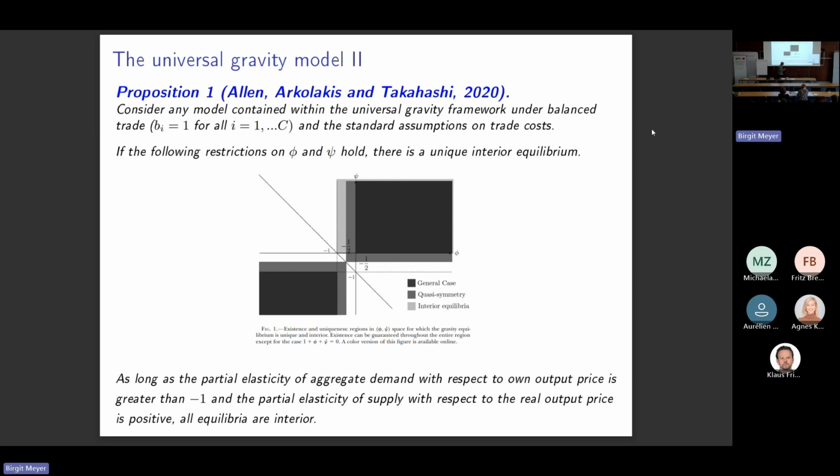But what is important is just here, that's the phi, that's the psi, here is the zero. And in that part, it is unique. What you don't have to have is this one, maybe that's too small. 1 plus phi plus psi is 0 is ruled out. Yeah? Okay, then it wouldn't exist. So that is why it's so famous, this paper.